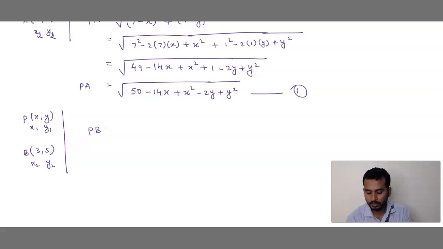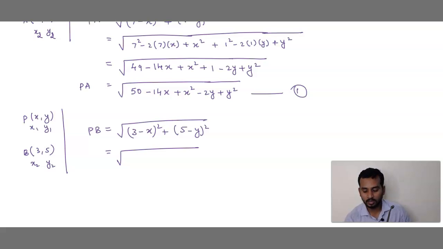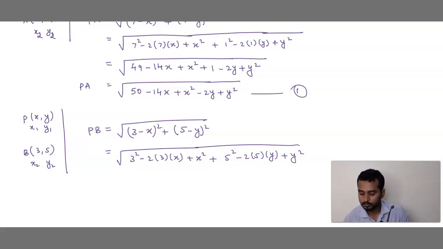Again, PB is equal to root of x2, 3, minus x1, x, whole square, plus y2, 5, minus y1, y, whole square, is equal to root of 3 minus x whole square, a minus b whole square, a square minus 2 into a into b plus b square, again plus a square minus 2 into a into b plus b square, is equal to root of 3 square is 9 minus 3 2s are 6x plus x square plus 5 square is 25 minus 5 2s are 10y plus y square.